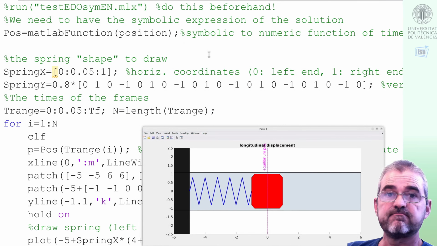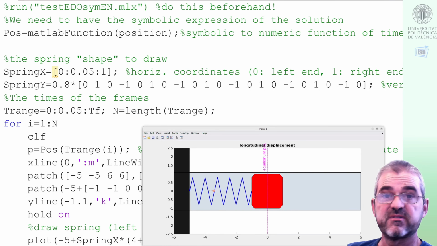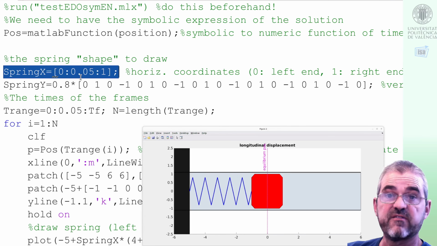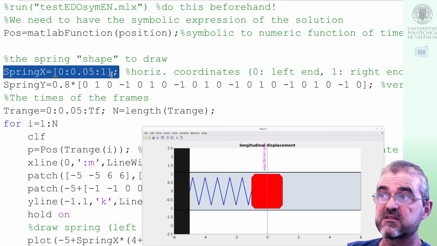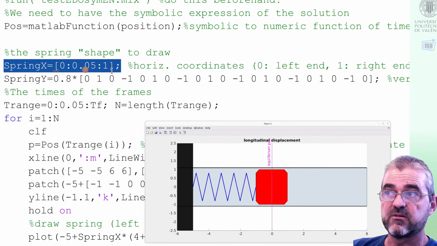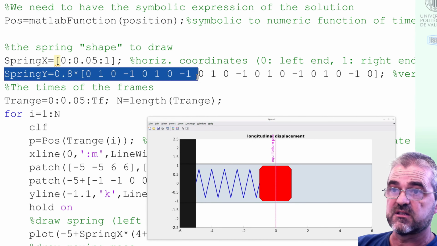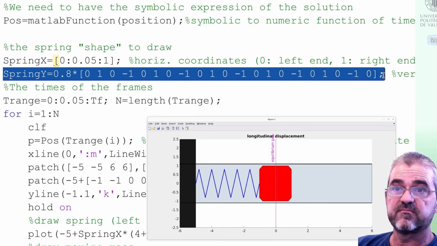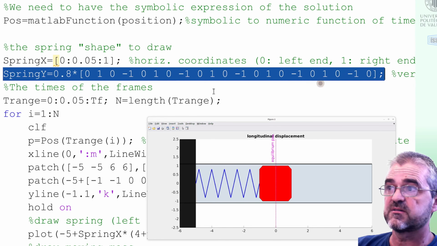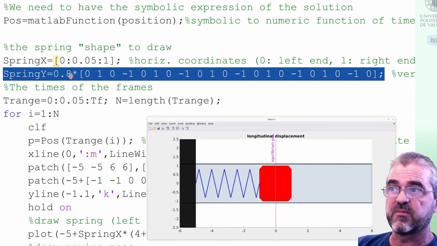This animation code starts by defining the spring shape in here. We have a set of equally spaced points in the horizontal coordinate, and this is the vertical coordinate of the spring points. So I multiply, center up, center down, center up, center down by 0.8.